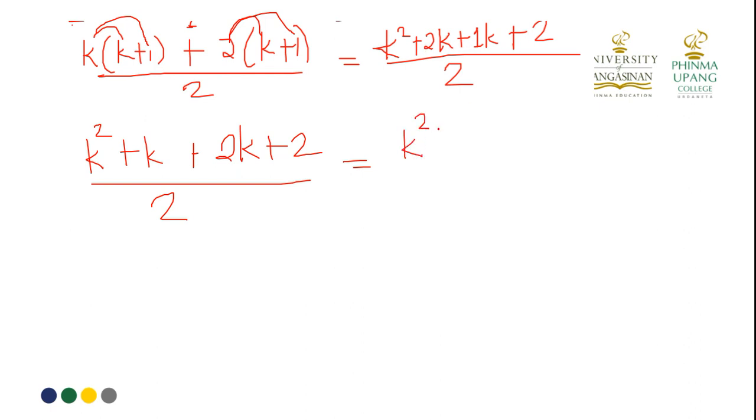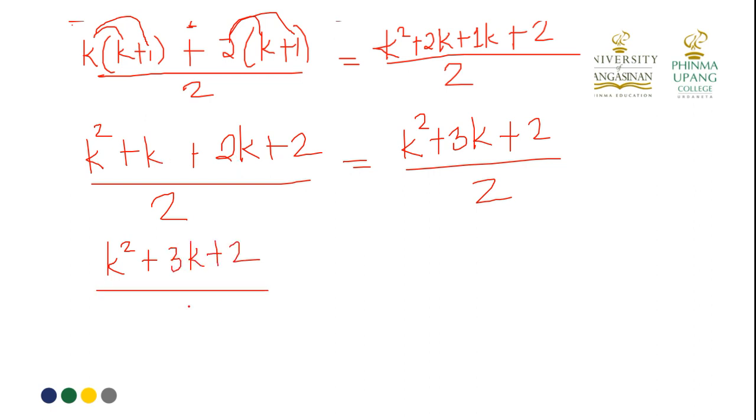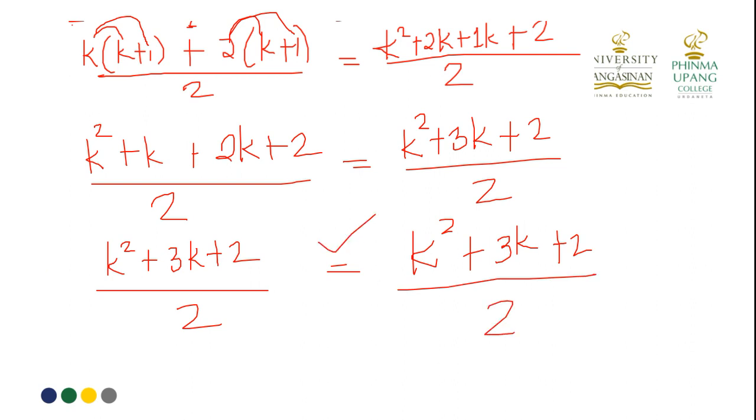Adding like terms, the answer here is k squared plus 3k plus 2 all over 2. Parehas na ba sila? Hindi pa, kasi hindi pa nakasimplify yung left. What is k plus 2k? 3k. Plus 2 all over 2. Parehas na ba sila? Yes, sir. Okay, so na-prove na natin. Ito yung fourth step. Pakita niyo lang na na-prove niyo.